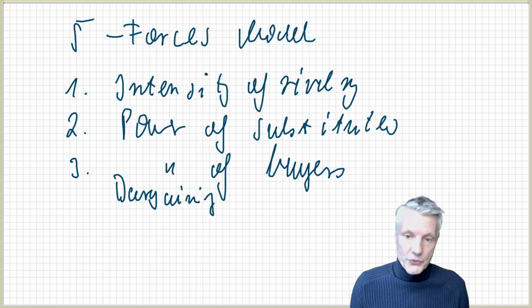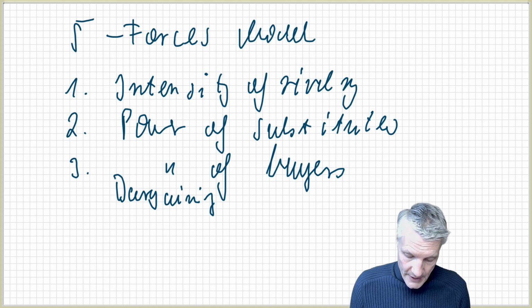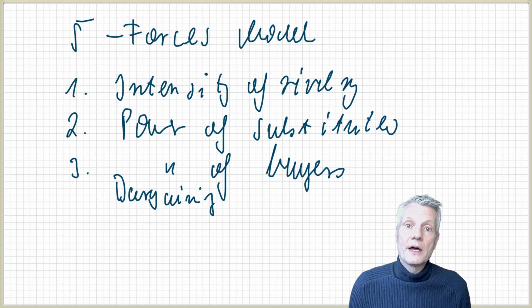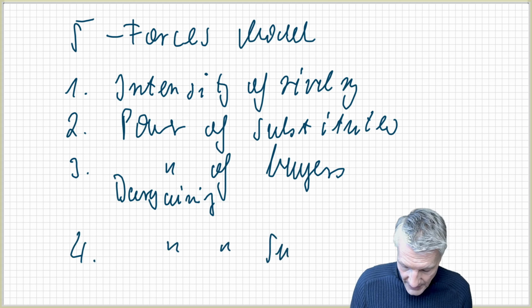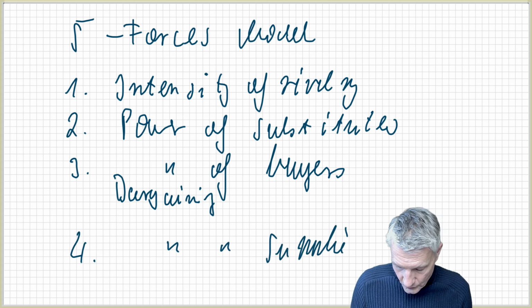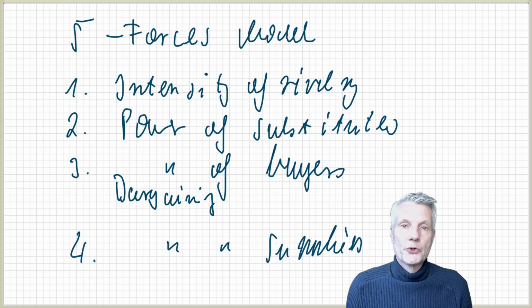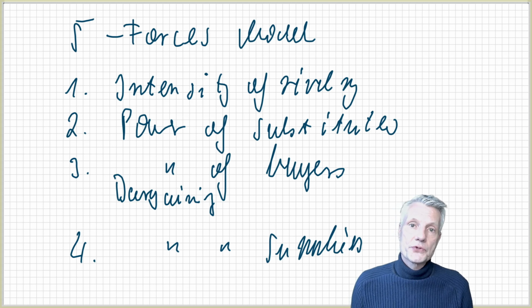If they can choose from different kinds of companies, they can select and they can be more price sensitive, for example. And the fourth one is the bargaining power of suppliers. If there are very, very many suppliers, of course, the market is more attractive for a company because they can choose among different kinds of suppliers.